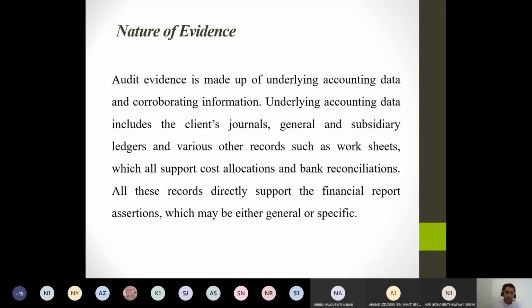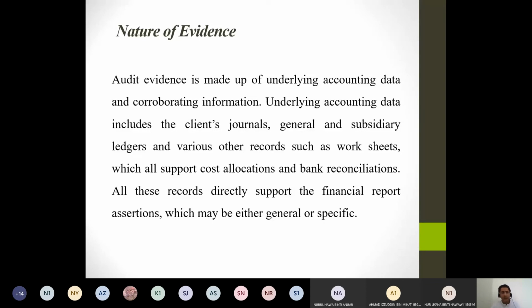So when we say accounting data, we mean all of the recording, all of the accounting records, either journals or the ledger, as well as the financial statements, trial balance, the cash flow and balance sheet, and so on, and other supporting documents related to the bank reconciliations, invoices from suppliers, invoices to customers.